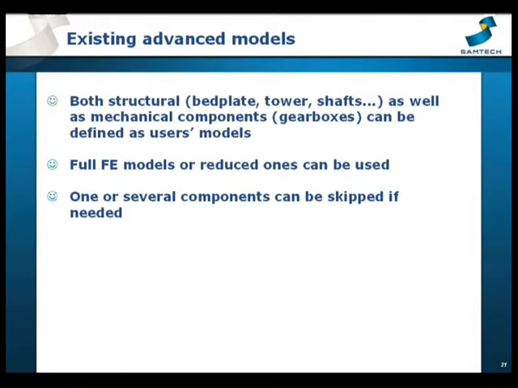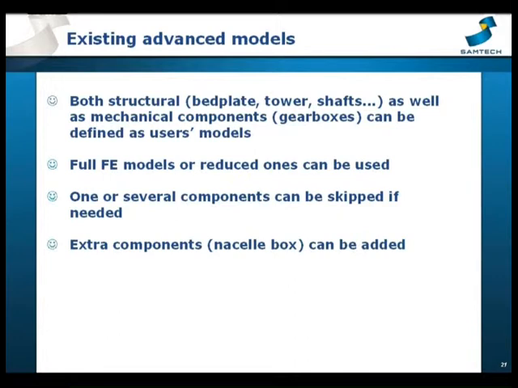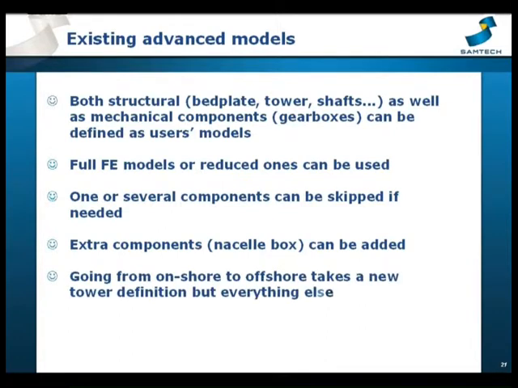On the other hand, the user can also add components that do not exist in the default model, like a nacelle box. Just define the connection table for this new component, as well as for new connectors on the component linked to it. As a consequence, defining an offshore model in our package only requires using a new component for the tower, taking the waves and the foundation into account, but everything else remains the same. Any foundation type, from a tripod to a floating platform, can then be added to the tower model, or underneath it even, as a new component.